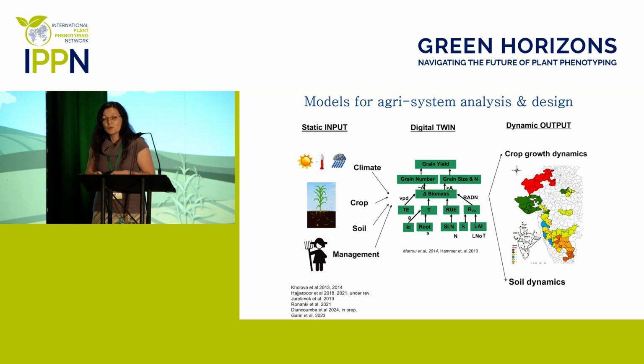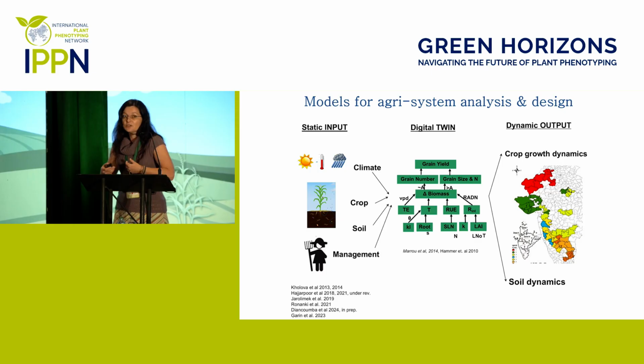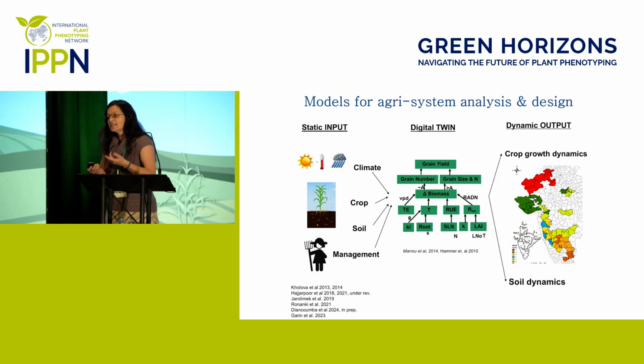So crop growth models are here to basically help us to smartly evaluate the situation in the agriculture production systems at scale, facilitate their quantitative analysis, and also hopefully design them in a better way.